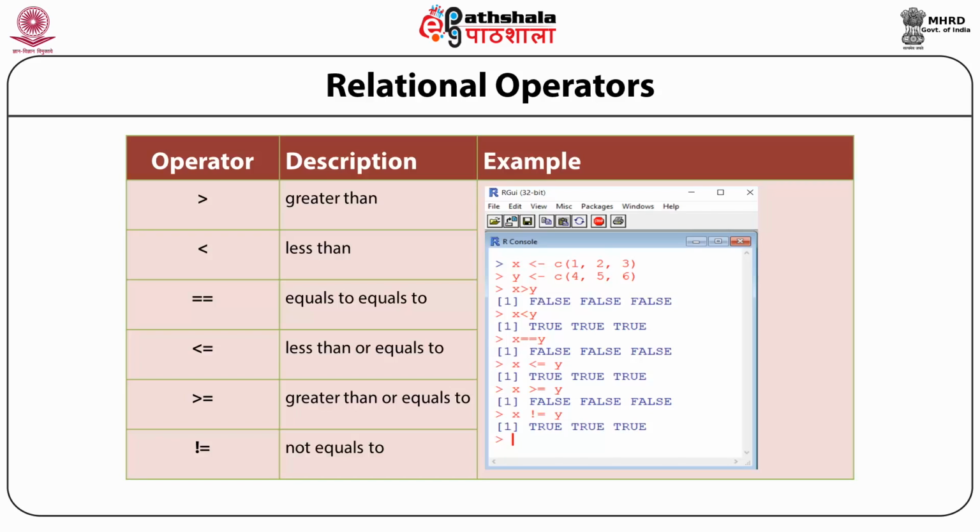If we want to check whether x is greater than y, we need to simply type x greater than y. It will compare all the elements. Here 1 is less than 4, so the value will be false. The same is for the others.